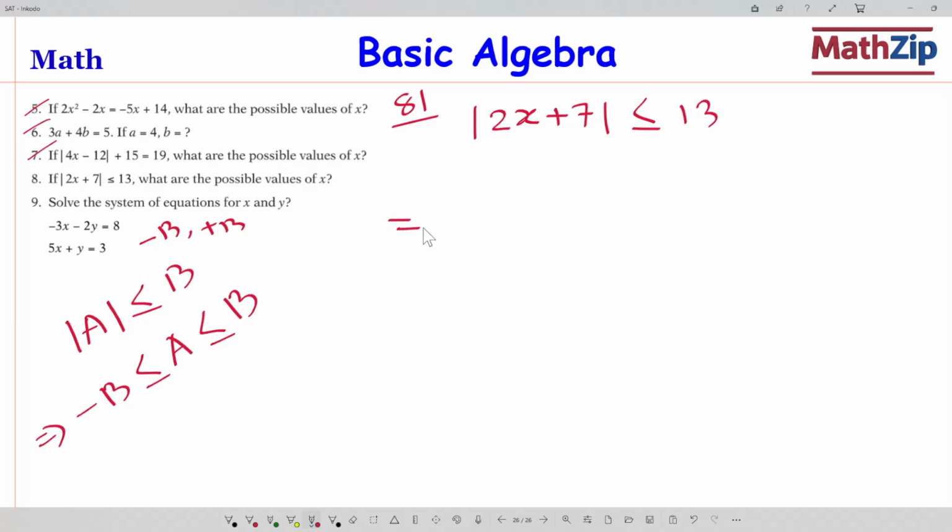In this scenario we can write minus 13 less than or equal to 2x plus 7, then less than or equal to plus 13, right?